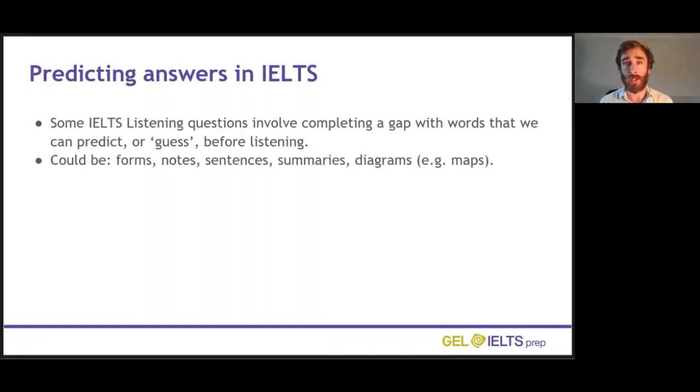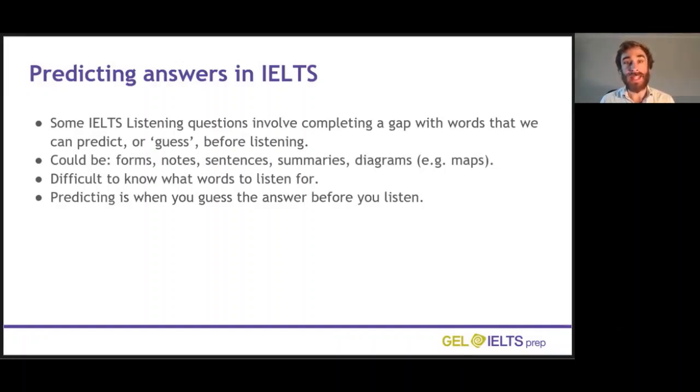The type of questions where you have to complete a space include completing forms, completing notes, completing sentences, completing summaries, or labeling diagrams. It can often be quite difficult to know what word to listen for without the context. If you read the context, it will give you some idea of the category or the topic of vocabulary to listen for.